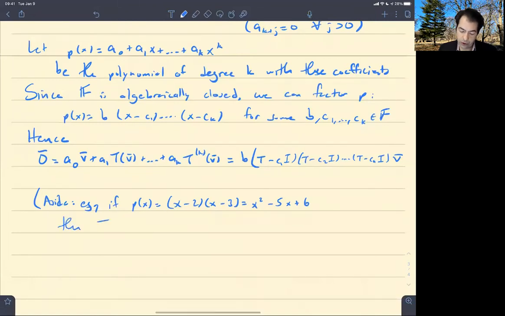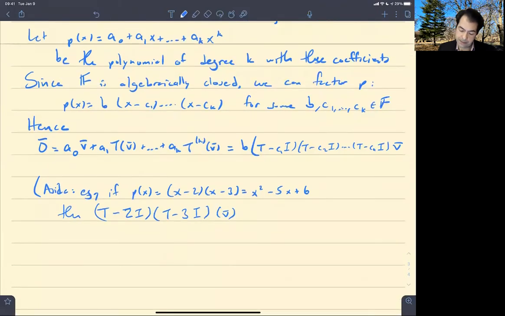Then let's say that you took T minus 2 times the identity, composed it with T minus 3 times the identity, and applied that to a vector v. Then what would this be?